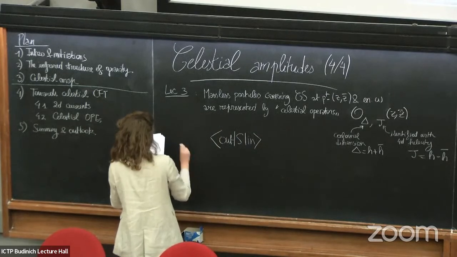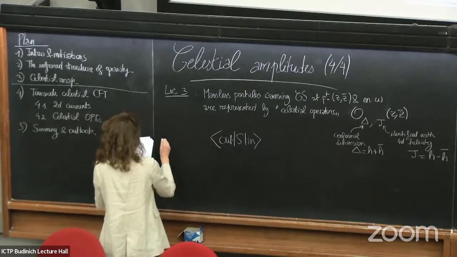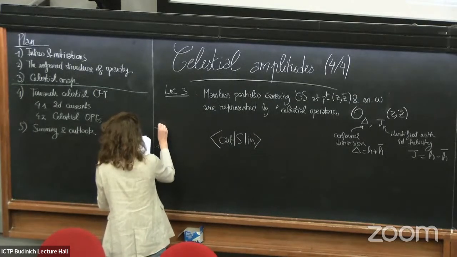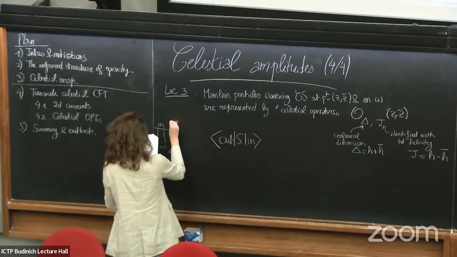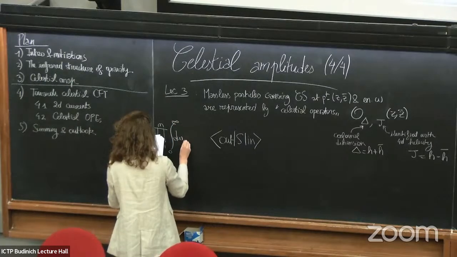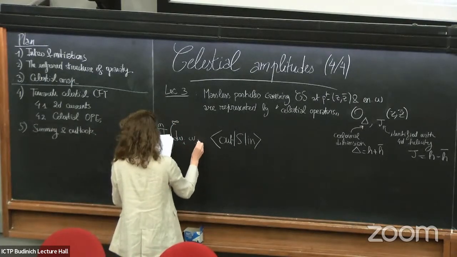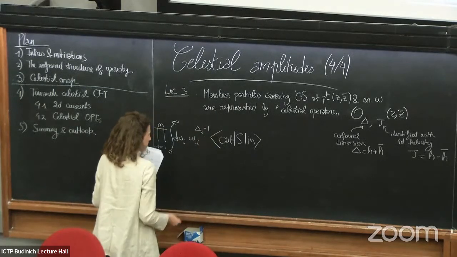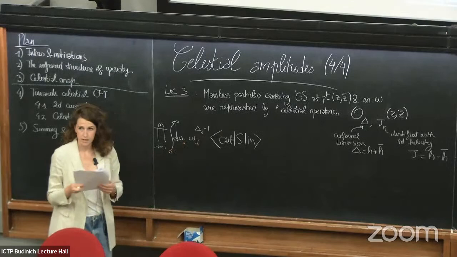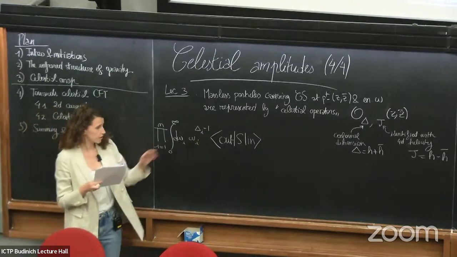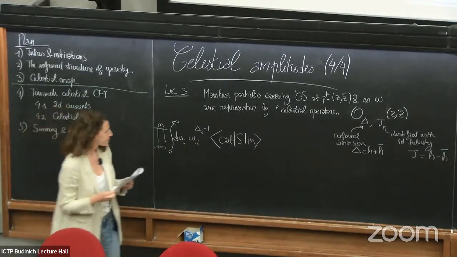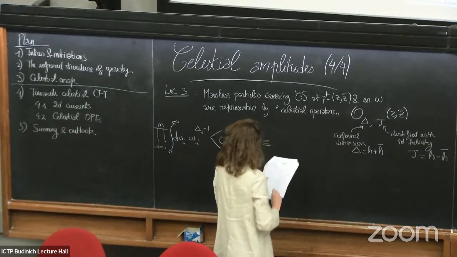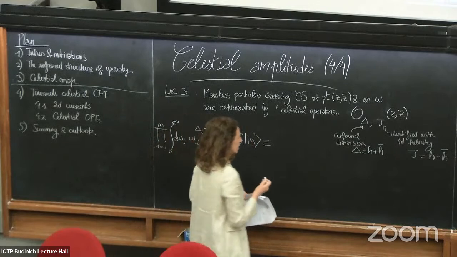So if you have a scattering of n particles, we perform a Mellin integral over each leg. For each particle of energy omega i, we trade it for this a priori complex number delta. So this is a scattering amplitude written in this convenient boost basis.